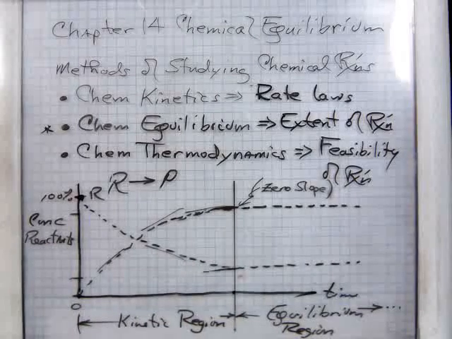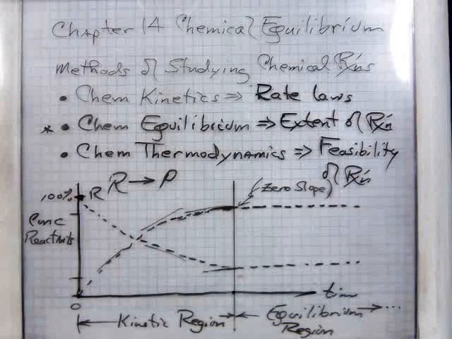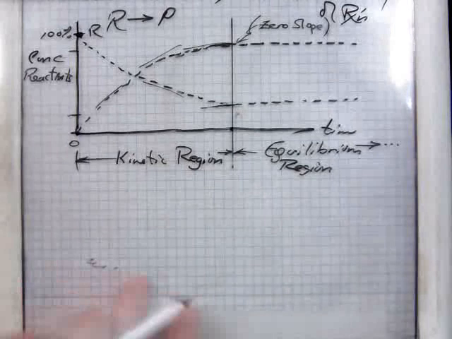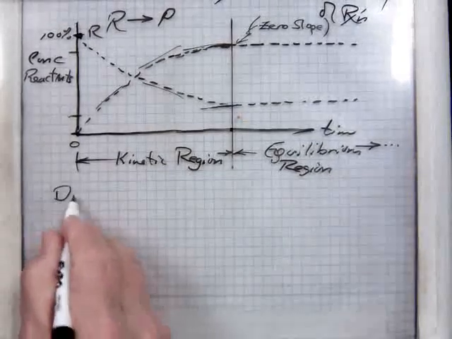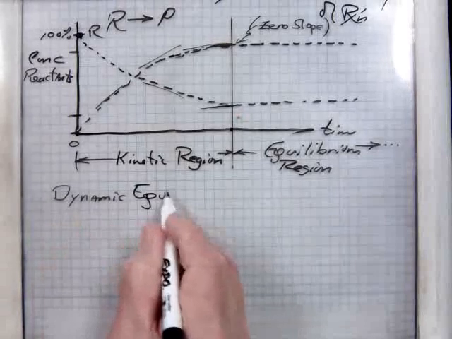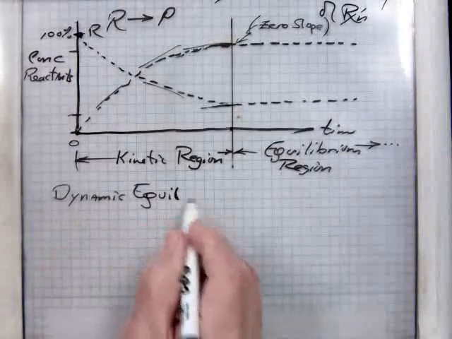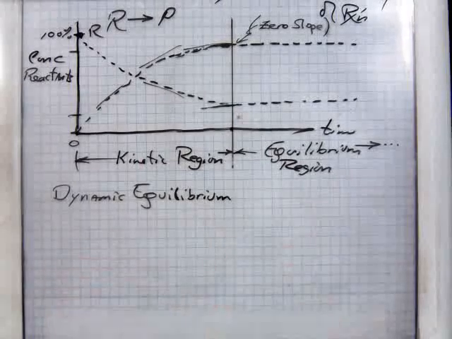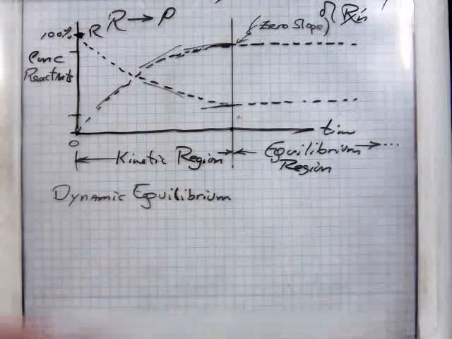However, the reaction is continuing and is called a dynamic equilibrium. And in a dynamic equilibrium, we have reactions moving forward at the same rate as a reaction moving in reverse.